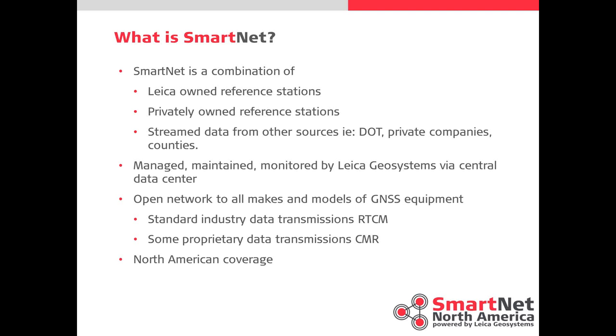We don't care if you're green, red, yellow, blue, purple. We broadcast in the industry standard RTCM 3 transmissions so that anybody can use it. We do have to broadcast in some proprietary messages with CMR for some older agricultural equipment and 3D machine control. And we do, of course, provide nationwide coverage.